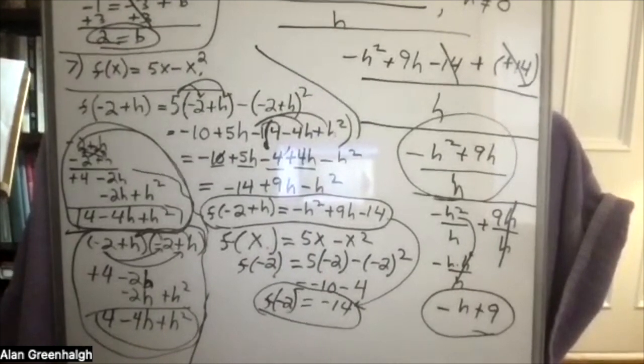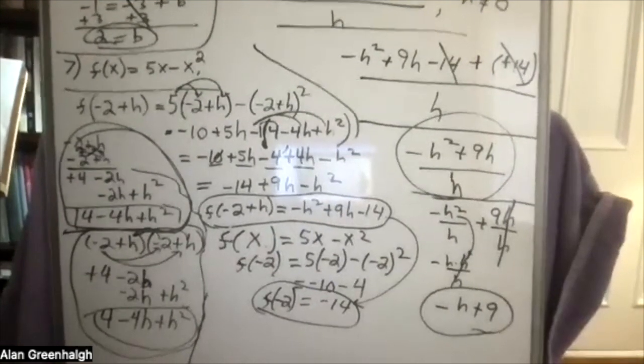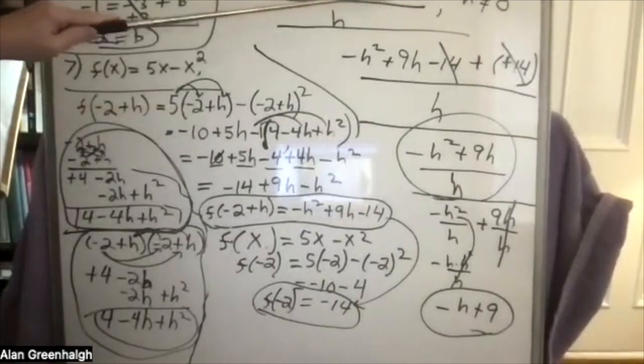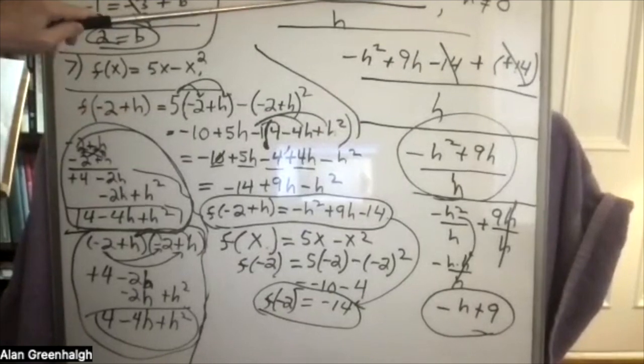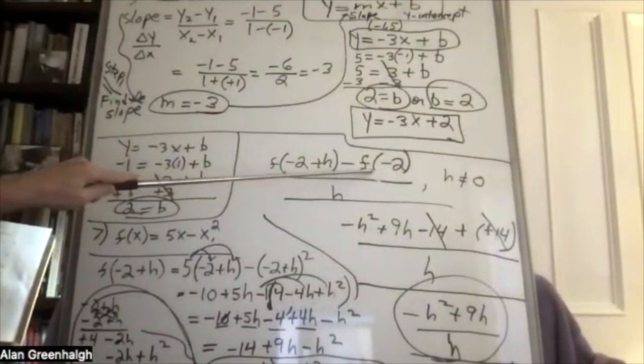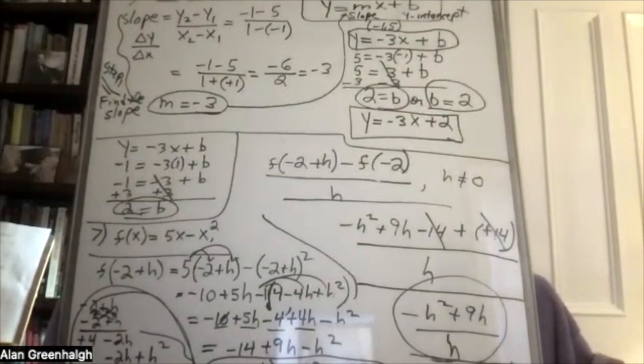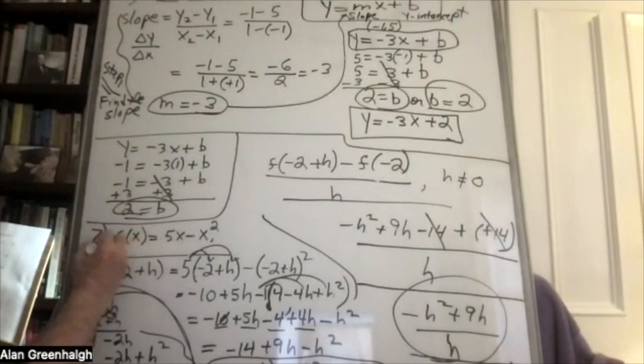I have a question. Where did you get -2 from? It's f of -2, from here. I can't see where you're pointing. Oh, okay, that makes a lot more sense. f of x. See, this is the key thing right here.